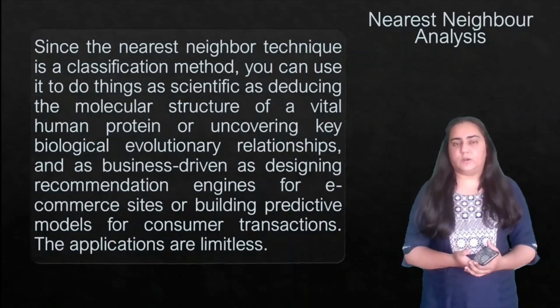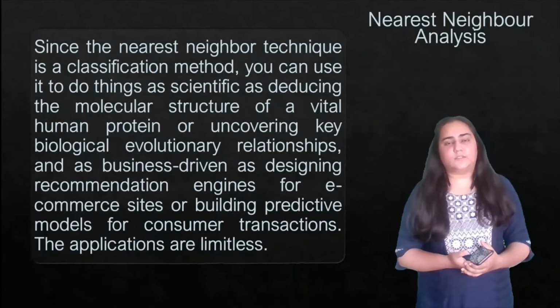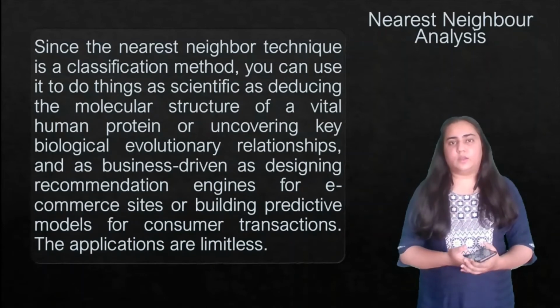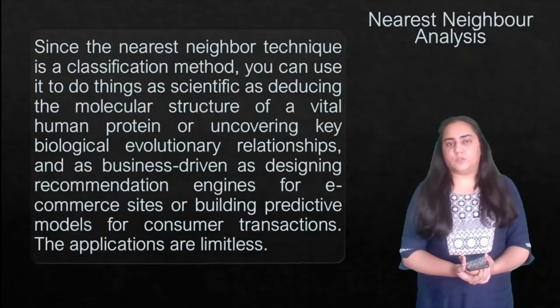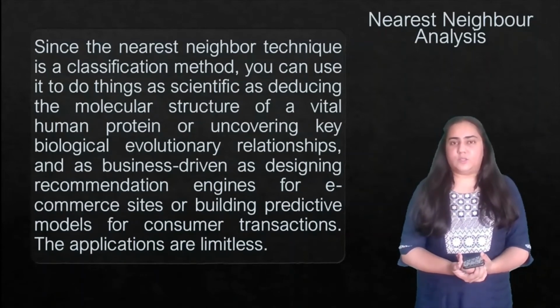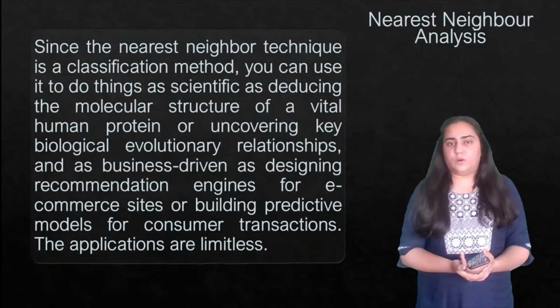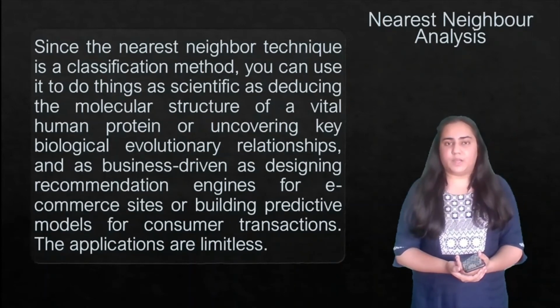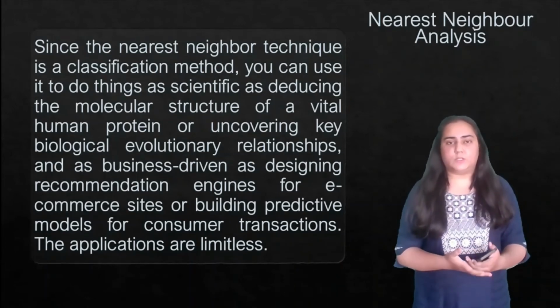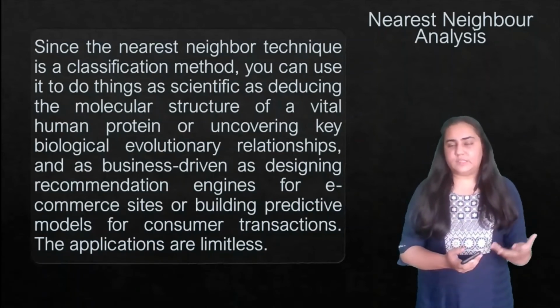The applications are absolutely limitless. Just to give you a gist, they can do scientific things like predicting the molecular structure of a protein, or technical things like building recommendation engines for e-commerce sites, and all these things can be done by nearest neighbor analysis.